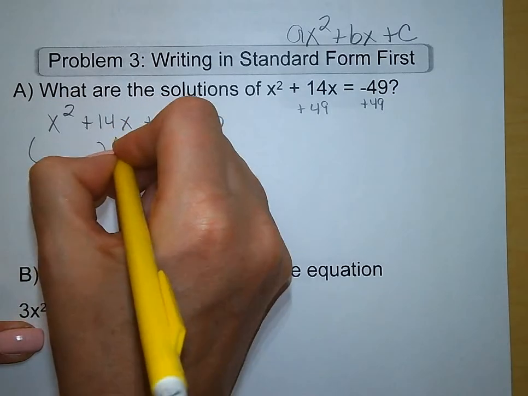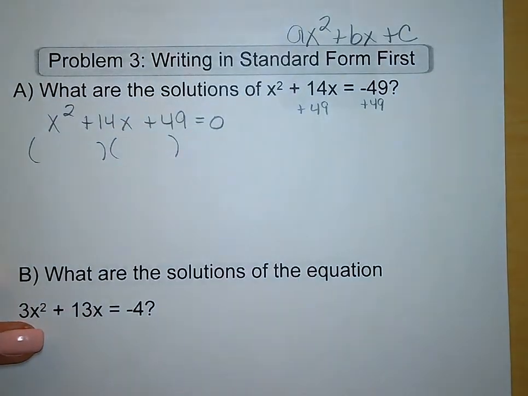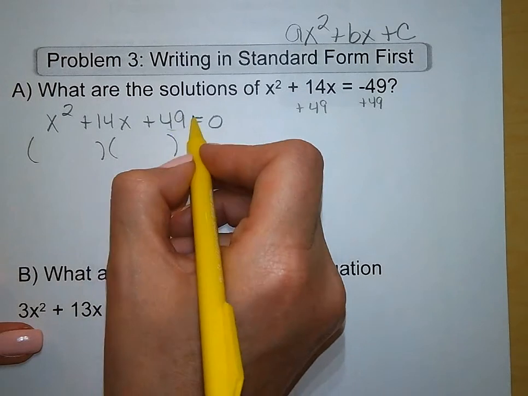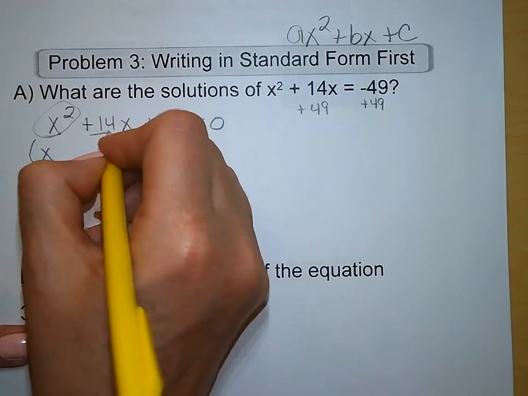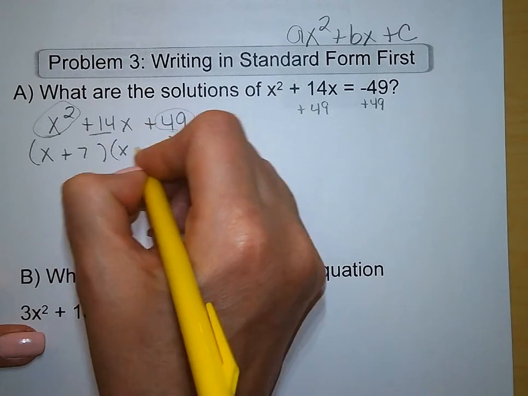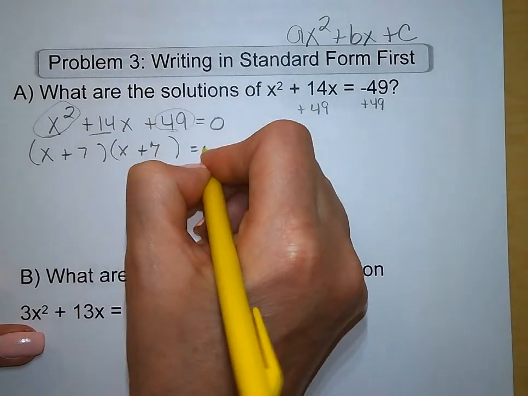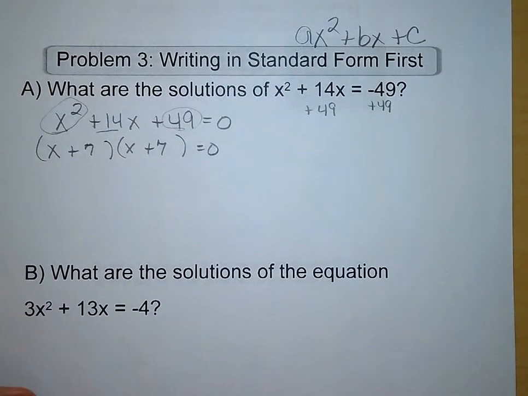And does that look like one of those special cases to you? A square and a square, and the middle term is 2 times each of the factors. So we have x plus 7 times x plus 7. You could also rewrite that as x plus 7 squared.